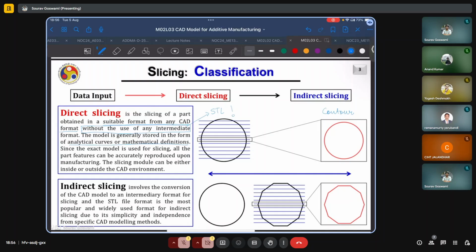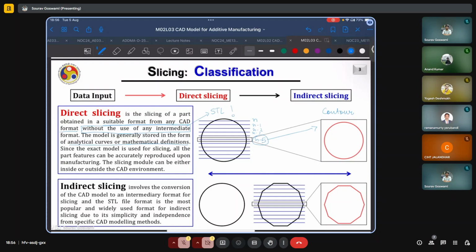Say this is the n minus 1, n minus 2, 3, 4, and this is the n minus fifth layer. And this is the contour that we're observing in this n minus fifth layer, and what we see is that it is a perfect circle.